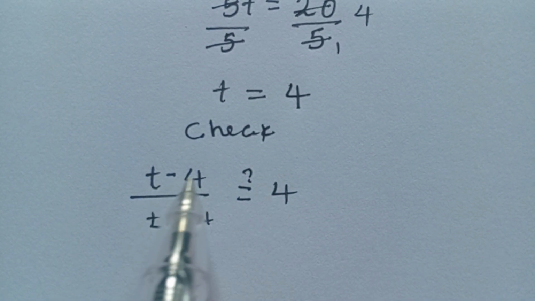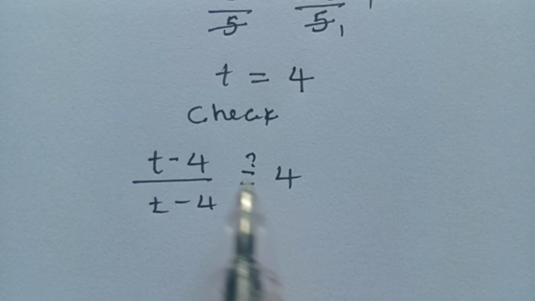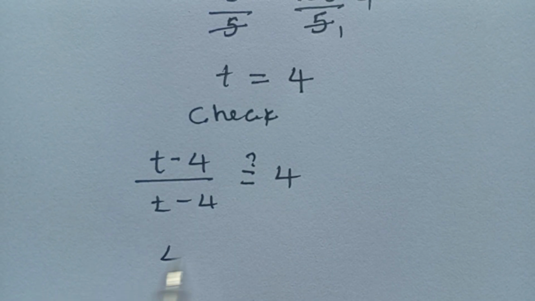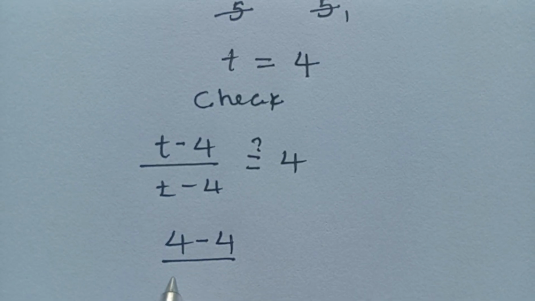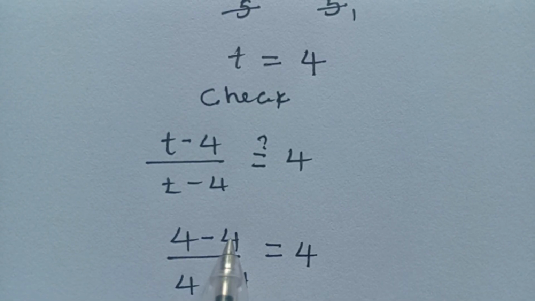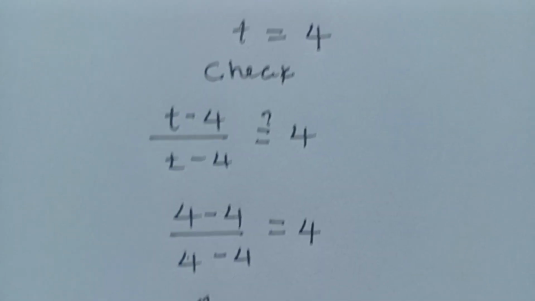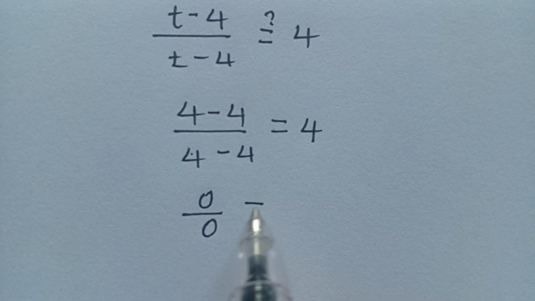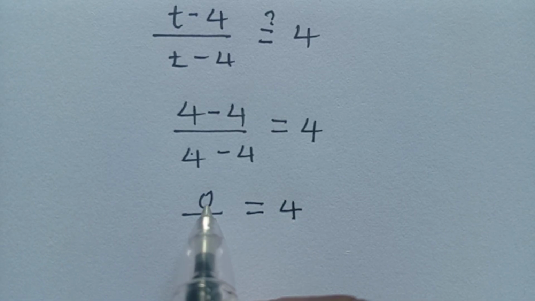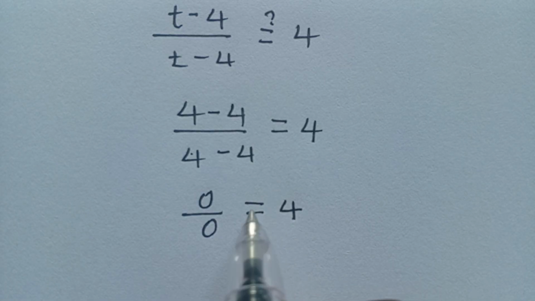The value of t equal to 4, so substitute 4 in t. (4 minus t) over (4 minus t) equal 4: 4 minus 4, 0, over 4 minus 4, 0, equal to 4. Then this equation has no solution.